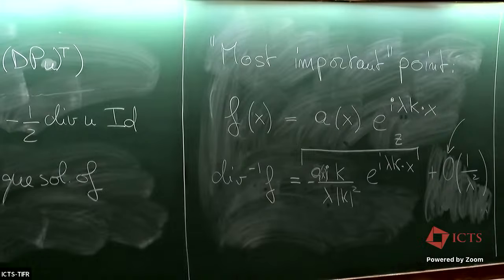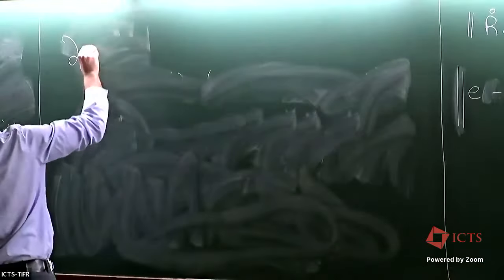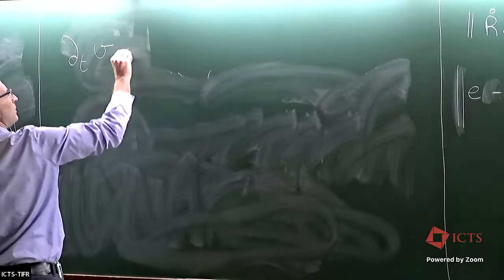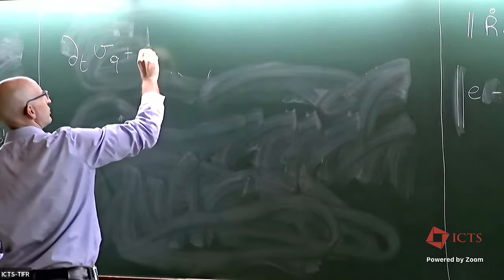Okay, next, let me try to devise a scheme which is going to possibly do what I did with Nash, with the Nash scheme for the Euler equation. So I have my starting tripole, which is given by this guy.